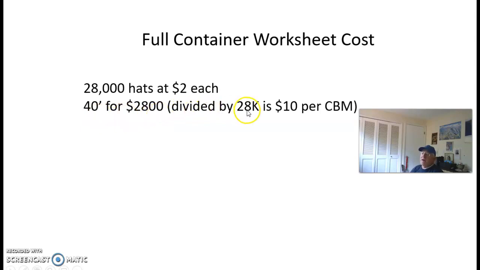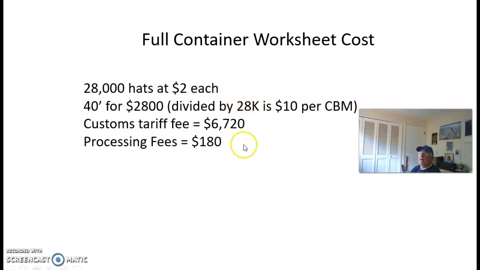By the way, if I divide the 28,000 caps and everything, it comes to $10 per cubic meter. Although cubic meter doesn't matter, it's a full container. It's pretty much a lot less expensive to run a full container, obviously. The customs tariff fee, that's 28,000 times 2. The FOB cost is $56,000 times 12%, is $67.20.